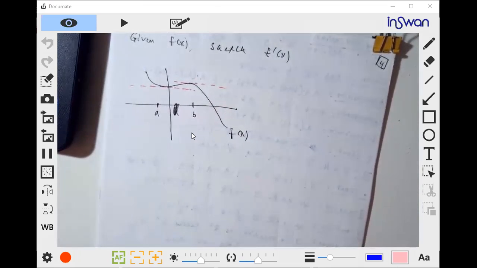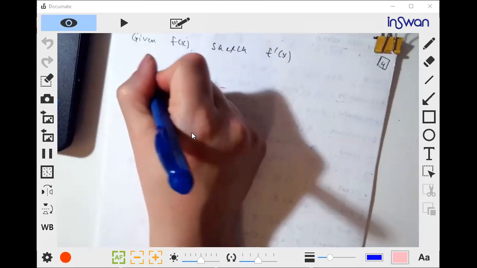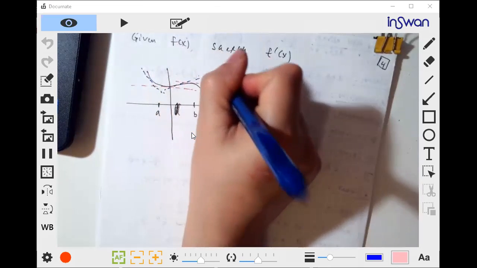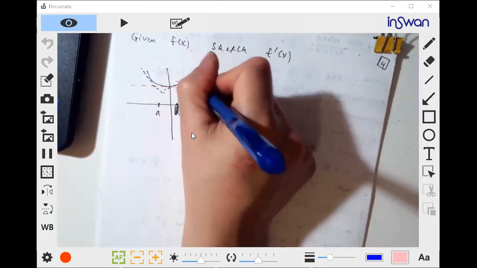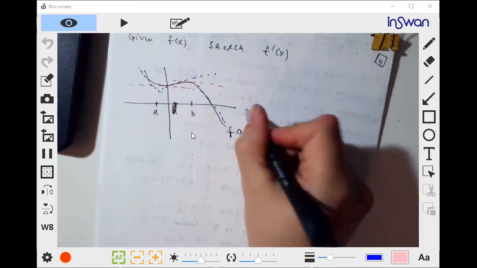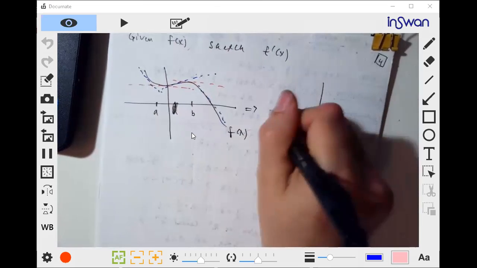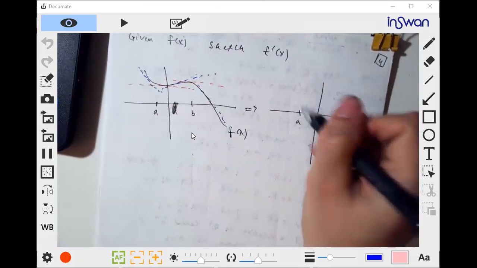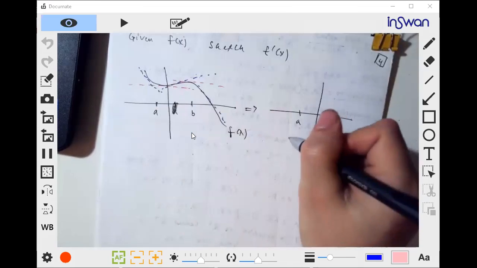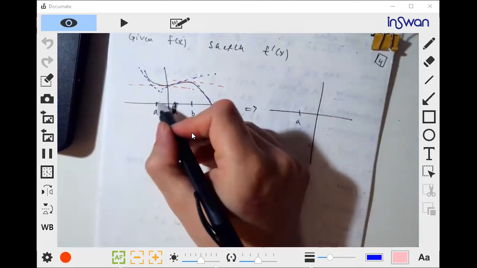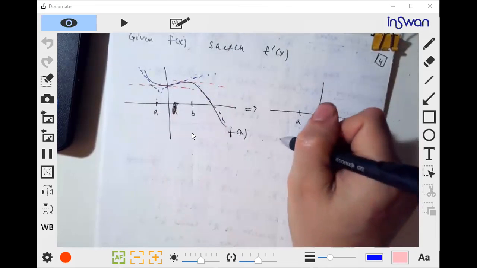Okay, but then we notice that the slope here is negative. Over here it's positive. And over here it's negative. So that means if I were to graph f prime of x, to the left of A its slope value was negative, so it's going to be negative. But when it reaches A itself, the slope becomes 0.